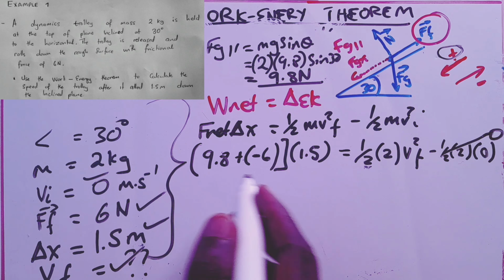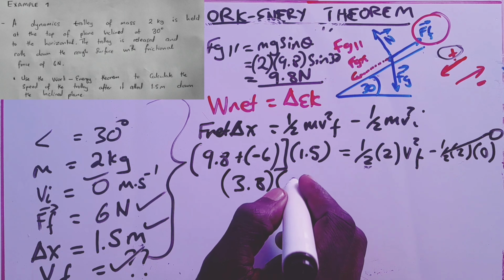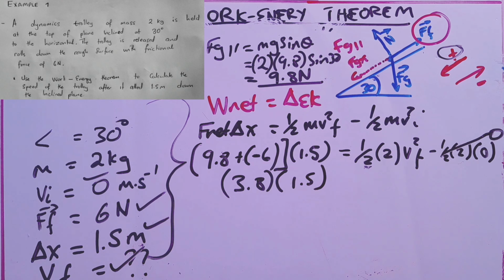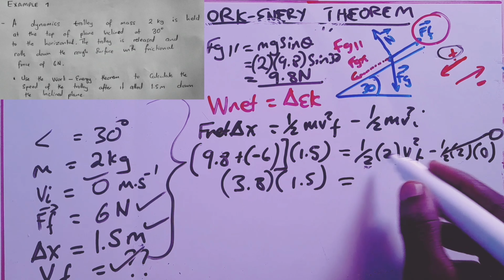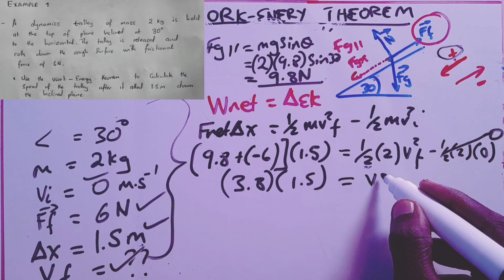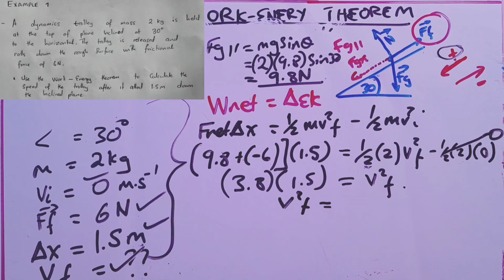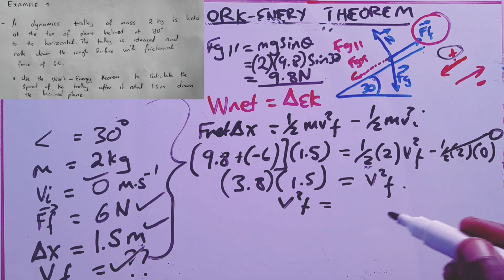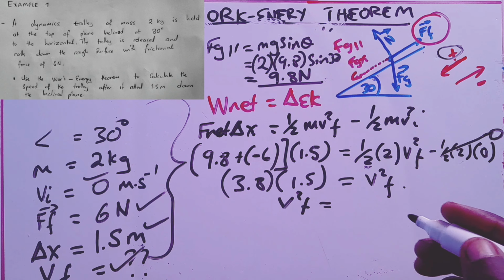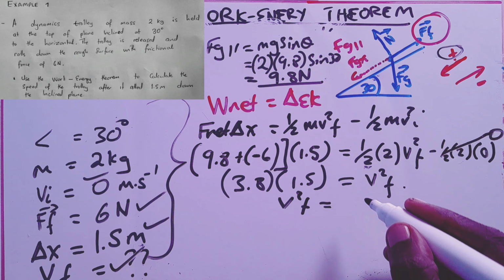So multiplying this here, this is 3.8 multiplied by 1.5. This should be equal to v squared final. And now our v squared final will be equal to, after doing that, 5.7. And now we can square root both sides.